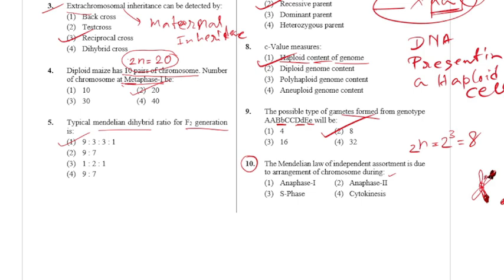In that case, this chromosome and this chromosome will be separated in anaphase 1, and then obviously all the types of independent assortment, all the types of probable gametes, are already found. So the answer is anaphase 1.